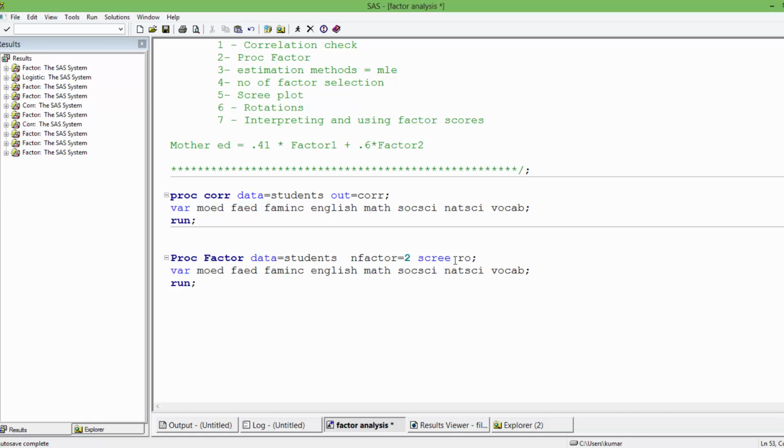We use the option rotate equal to, well, there are several types of rotations available, based on whether we want correlation between factor scores or not.